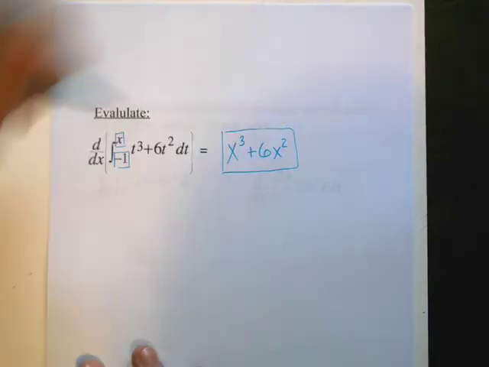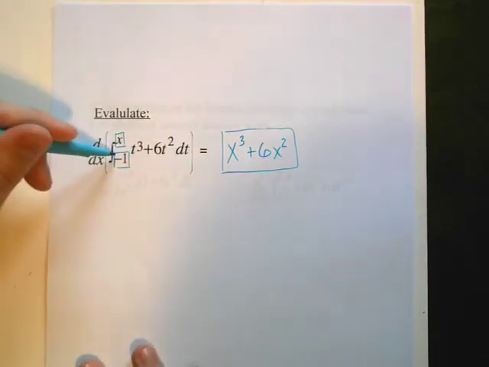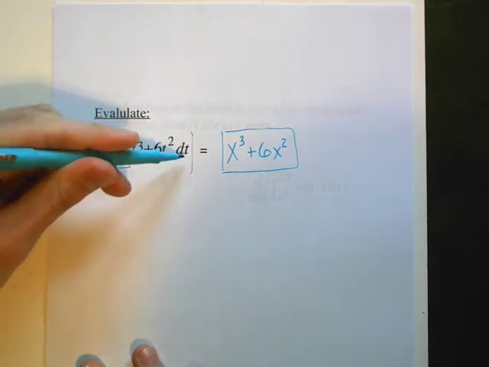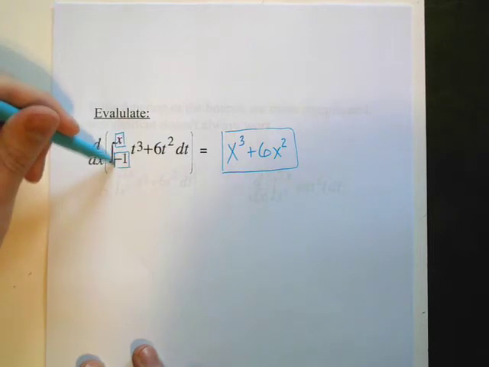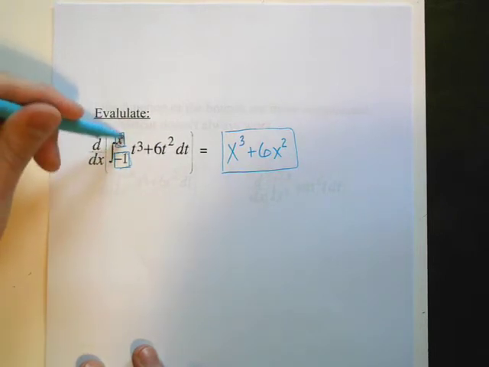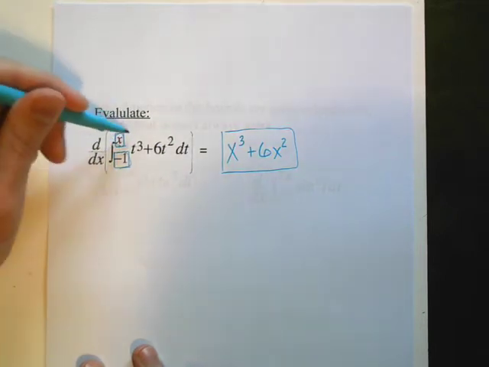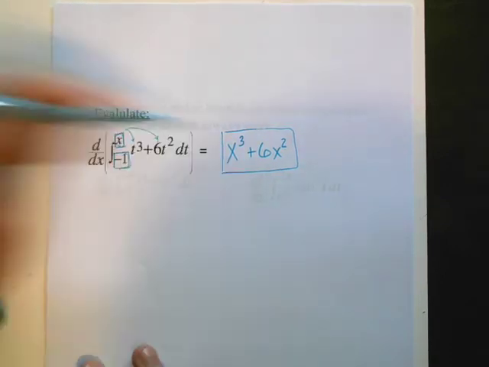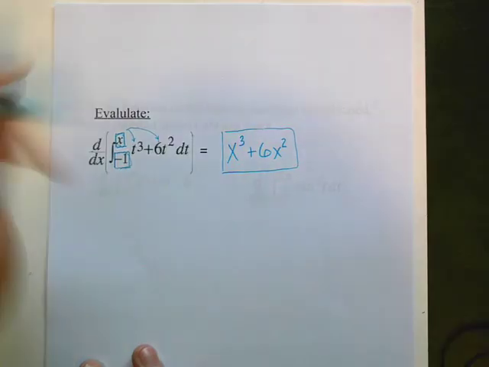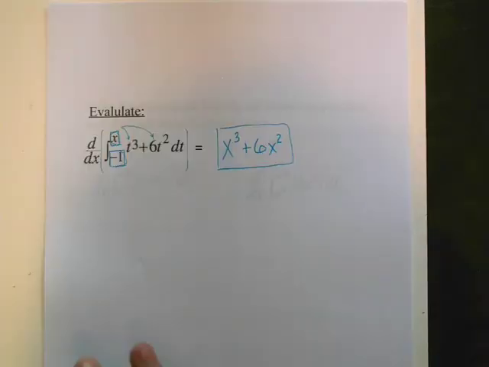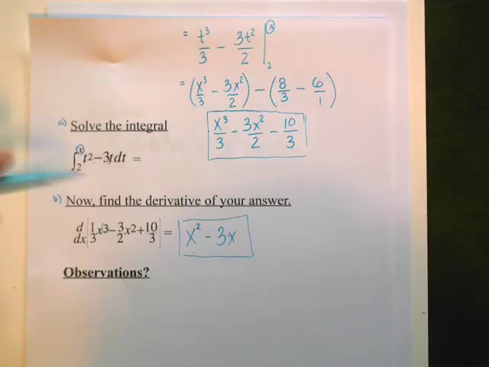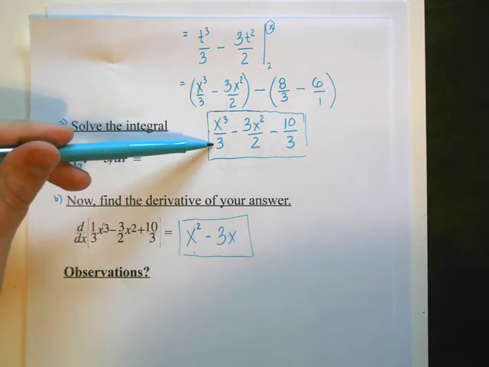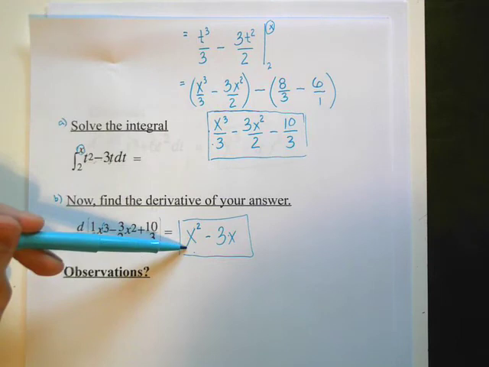So let me back up. The derivative of the integral of t to the third plus 6t squared dt, if my lower boundary is a constant and my upper boundary is just a variable, all I need to do is take that variable and plug it in to get my answer. The reason we can take that shortcut, like we already demonstrated here, is if I take the derivative of the integral, I end up back where I started.